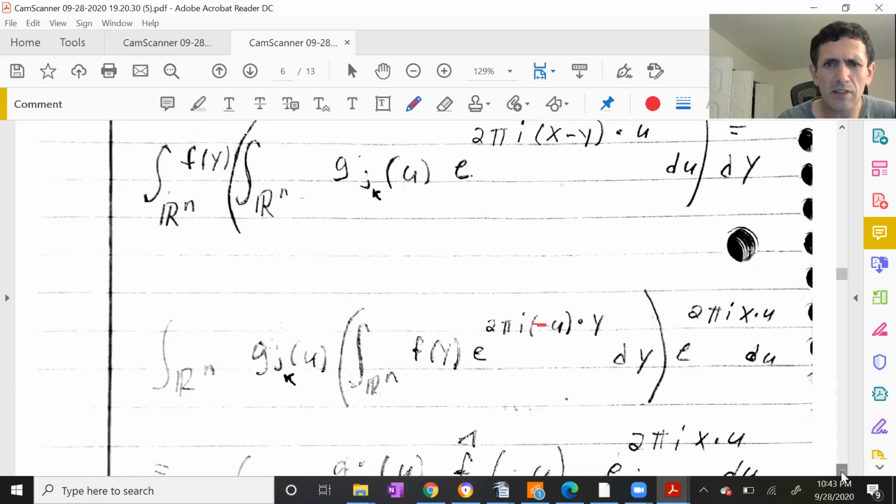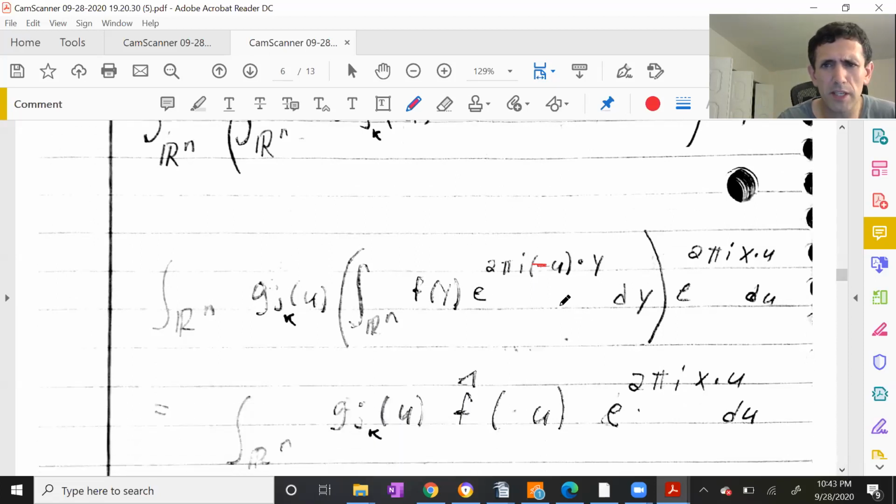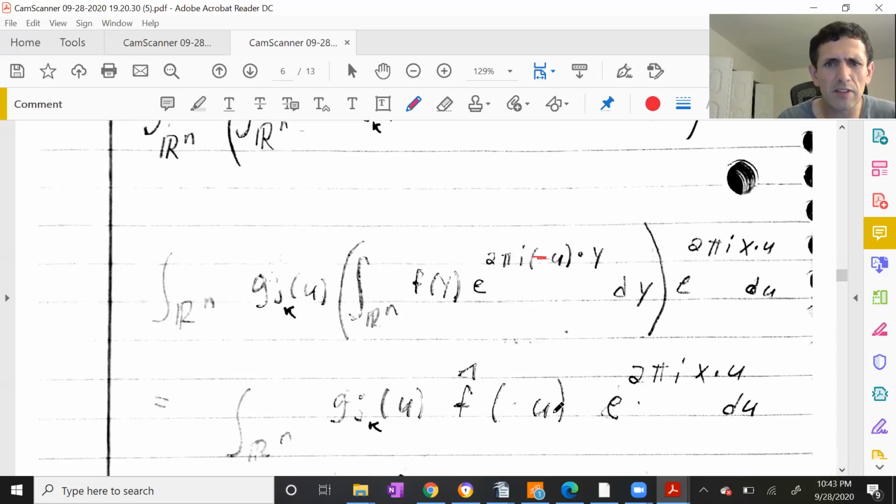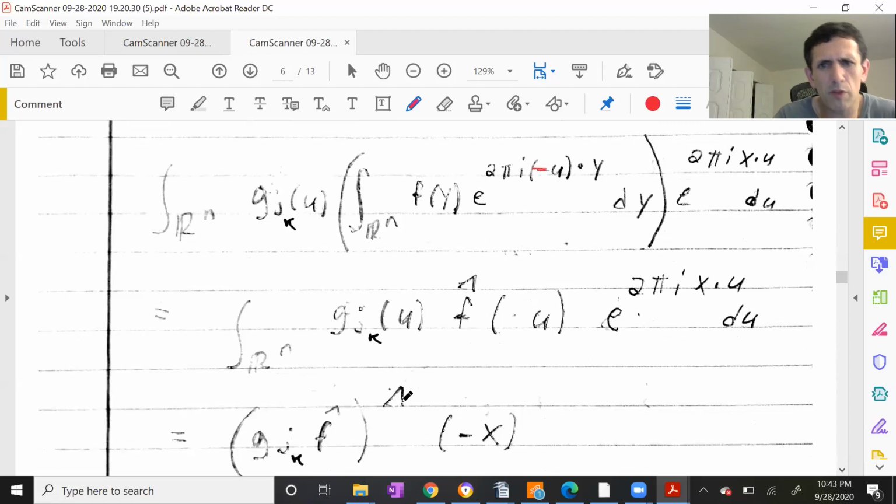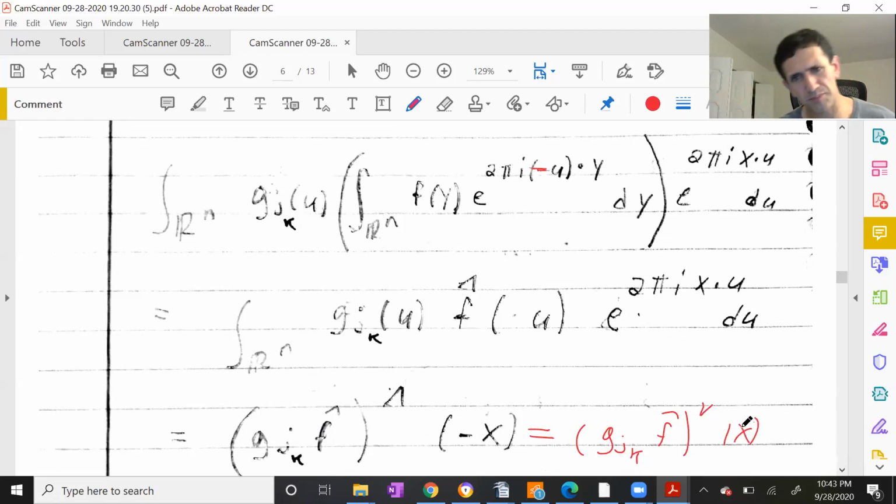And we get exactly the Fourier transform of f with u plugged in. Just bring the minus outside. And this is exactly the Fourier transform of this product here with minus x plugged in, which is, by definition of the inverse Fourier transform, just the inverse Fourier transform with x plugged in.